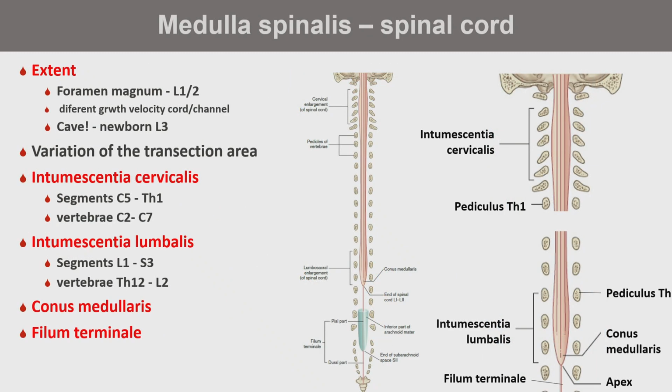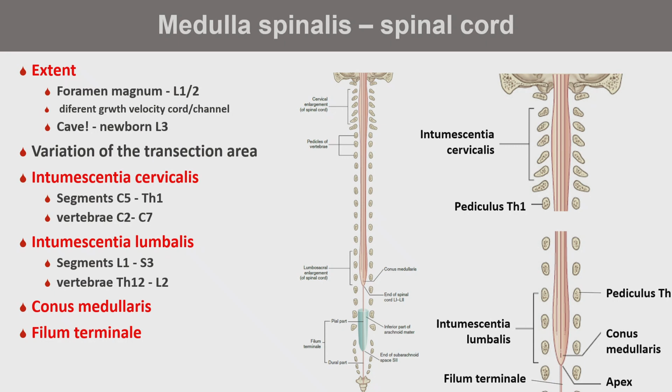Now, spinal cord. I have said that the extent in the adult is from foramen magnum to L1-2. It is due to different velocity of growth, and I have said L3 in a newborn.